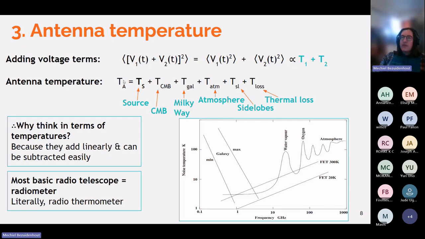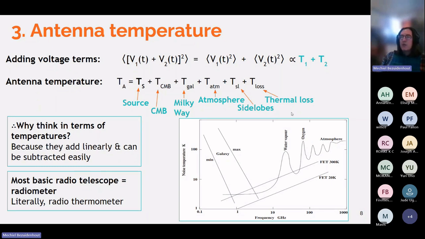So we can define an antenna temperature, which is the total temperature that we measure in our telescope, and that will be a linear sum of the temperature of the source that we are observing, plus some terms for the cosmic microwave background, for the Milky Way, the atmosphere, the side lobes, and some thermal losses. And we can model these systemic effects and noise in order to subtract them from the antenna temperature to give us a very accurate value for the source temperature.